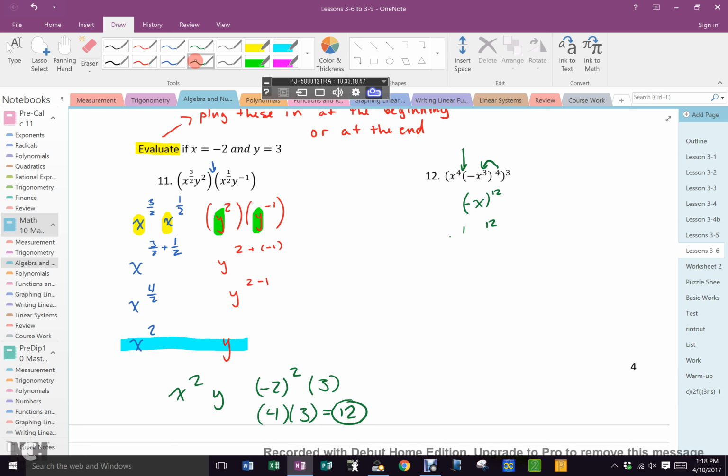Multiply. So what I have is x to the 12th and x to the 4th. What do I do with those exponents? Add them. So I have x to the 16th, don't I? That's inside the brackets. What is happening outside the brackets? It's to the 3rd. So what do I have to do there?